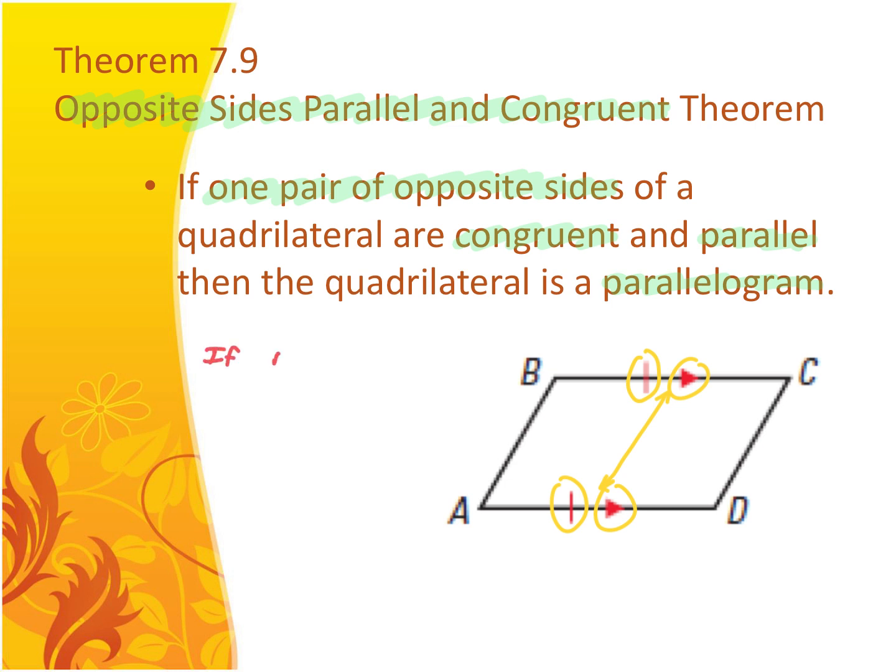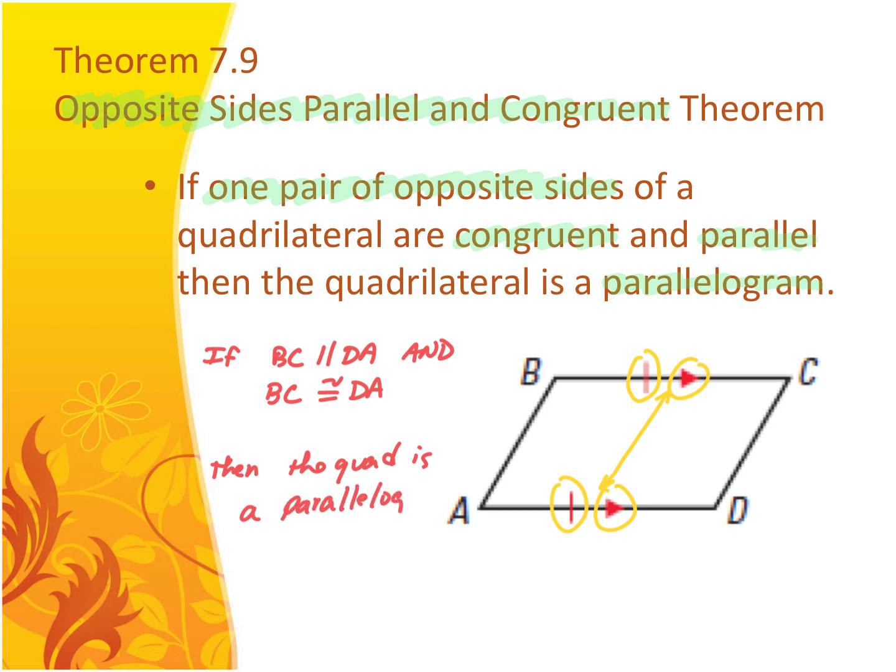So if BC is parallel to DA and BC is congruent to DA, then the quadrilateral is a parallelogram, okay? And again, this is your hypothesis here, and this is your conclusion. So this is the only time when one pair is enough.